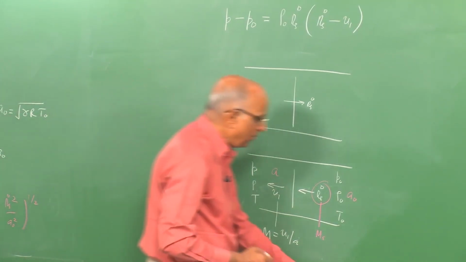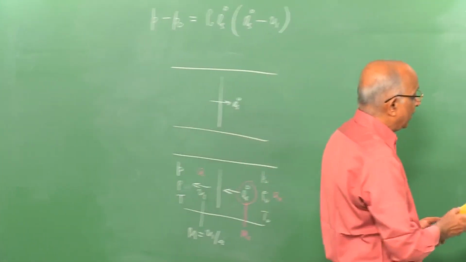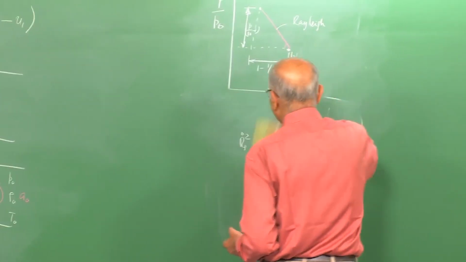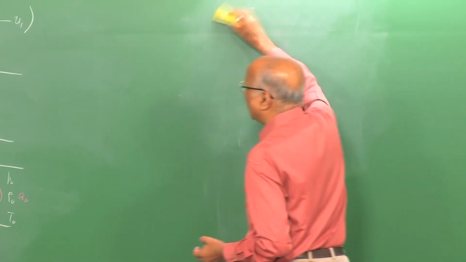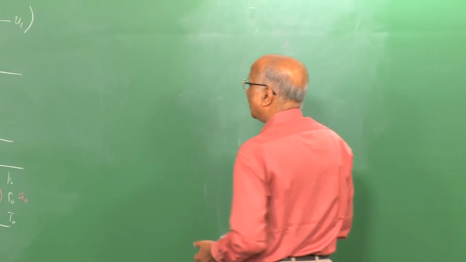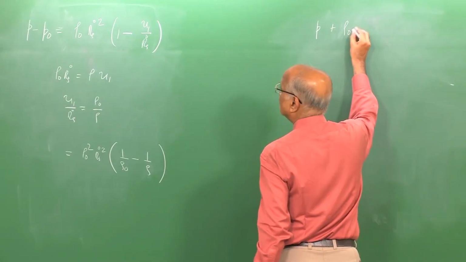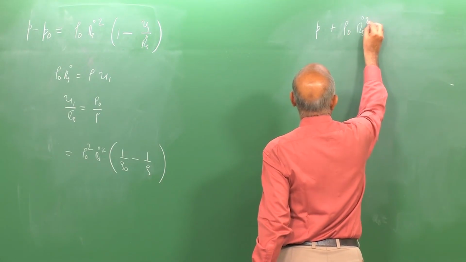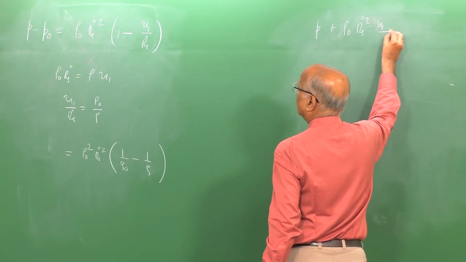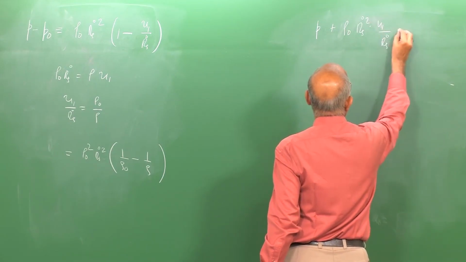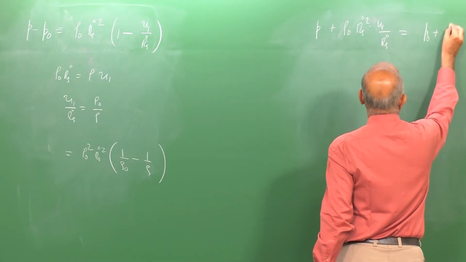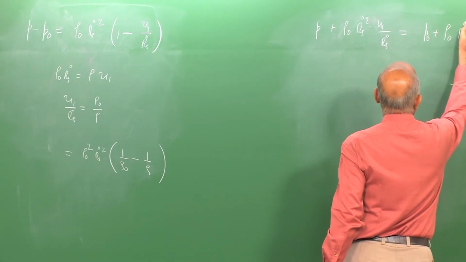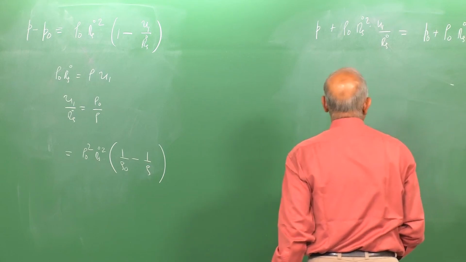Let us quickly derive it and then leave the final expression for the next class. Let us just simplify the momentum equation and see where we end up. Therefore, Rs dot square over here.